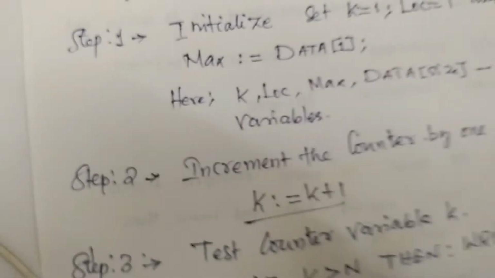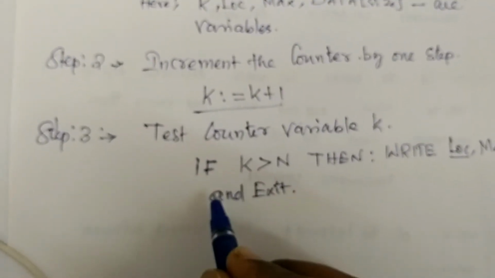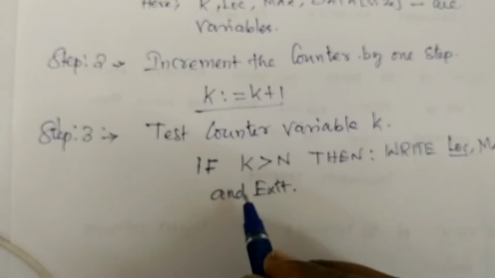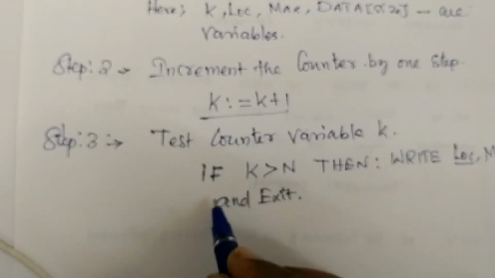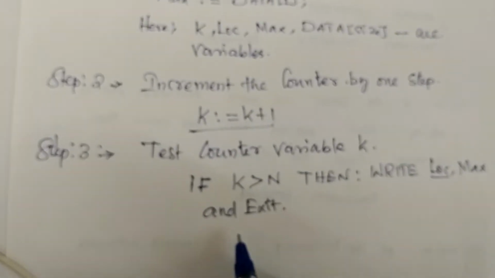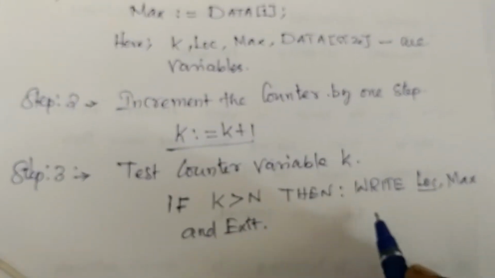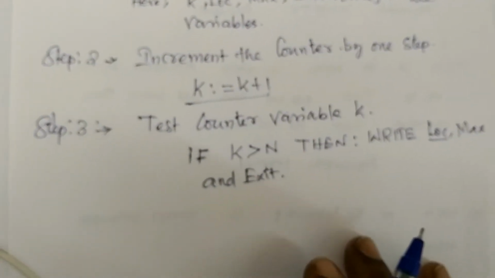If you are giving the program, you have to give an example for C language or C++ or Java, you have to specify the open parenthesis, open brace and close brace. But in the algorithm you can write the statement like this, like a single statement.